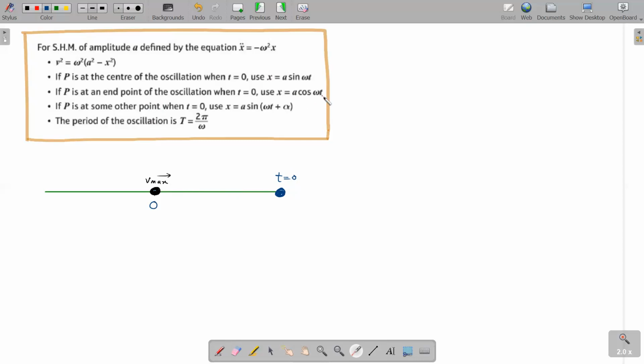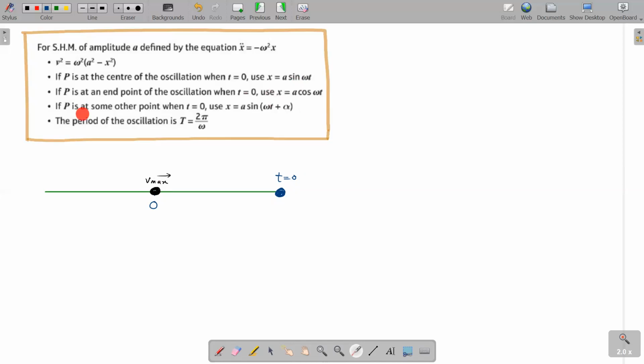This is just theory. All you have to do is simply follow the theory. If your particle at time 0 starts its SHM motion from the center, you measure the displacement by using A sine omega t. If at time 0 it is at the amplitude, to measure the displacement you will be using x equals A cos omega t.